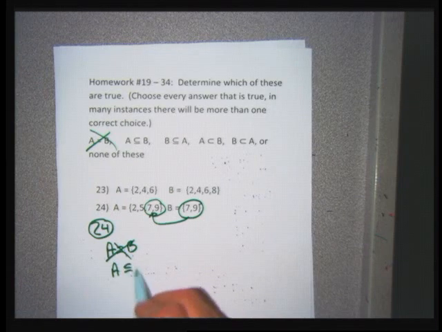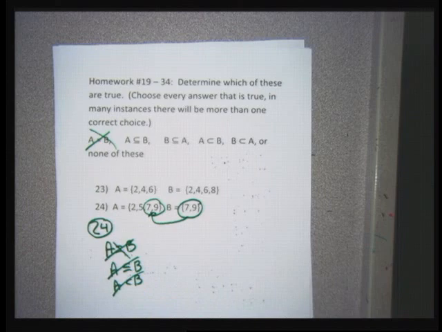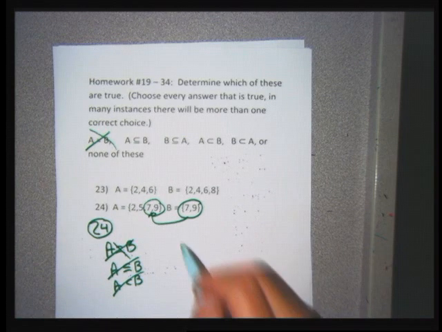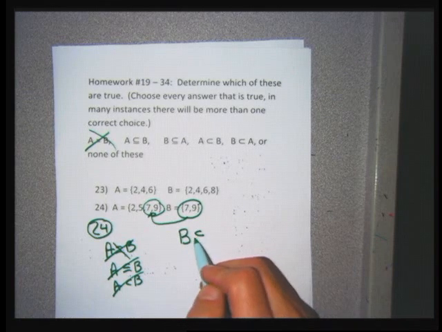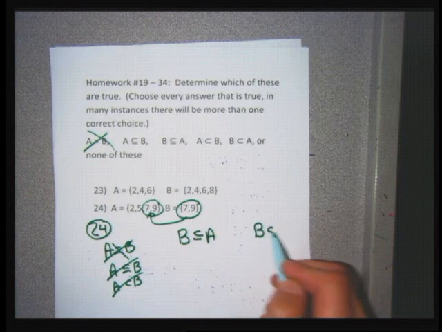And A is not contained in B. And that's going to cross out those two because for both subset and proper subset, for that to be true, A has to be contained in B, and A is not contained in B. So the only ones that are going to be true are these two. B is a proper subset of A, and this one, B is a subset of A. Both of these are going to be true.